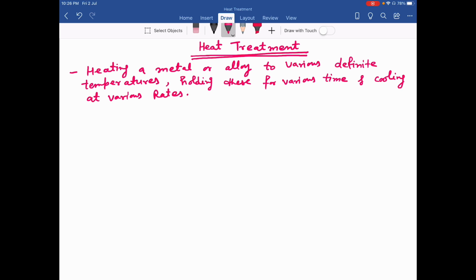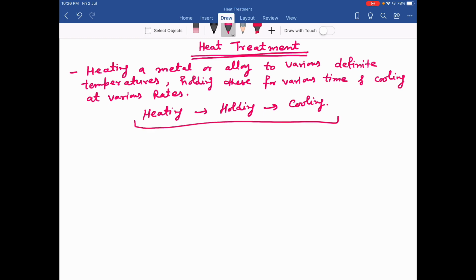That is heat treatment. So you can say heat treatment is heating, then holding, and then cooling. The combination of such processes, we call it as heat treatment process.